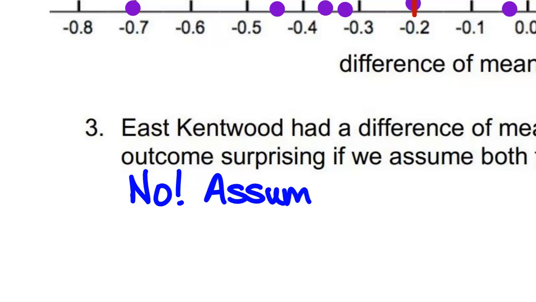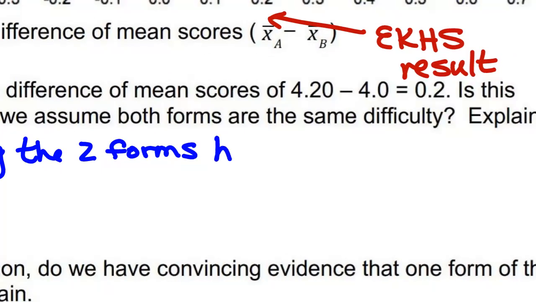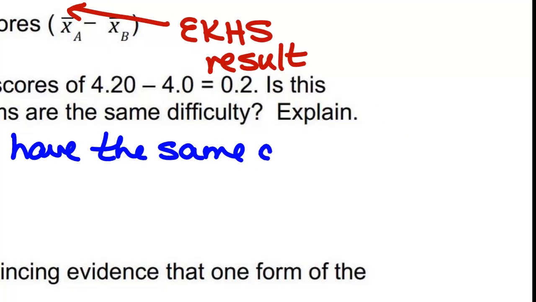Assuming the two forms have the same difficulty, before I go any further, when I say assuming the two forms have the same difficulty, I'm saying that we're assuming the null hypothesis. The difference between mu1 and mu2 is 0.